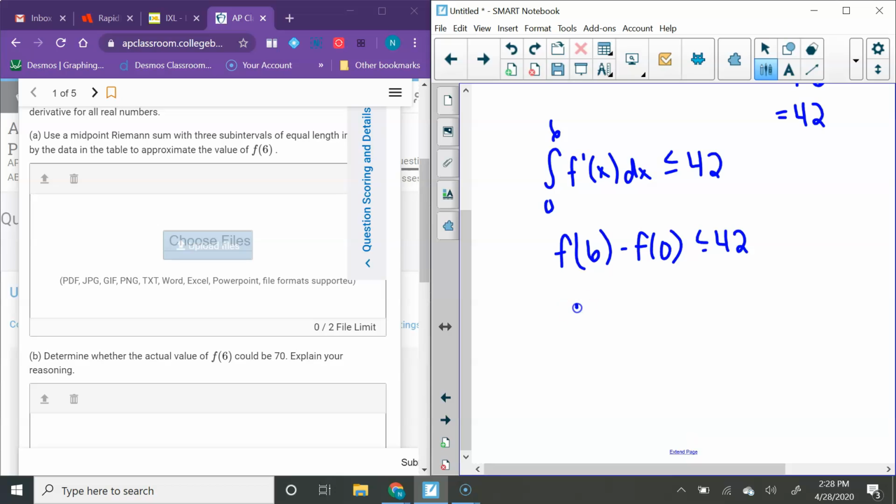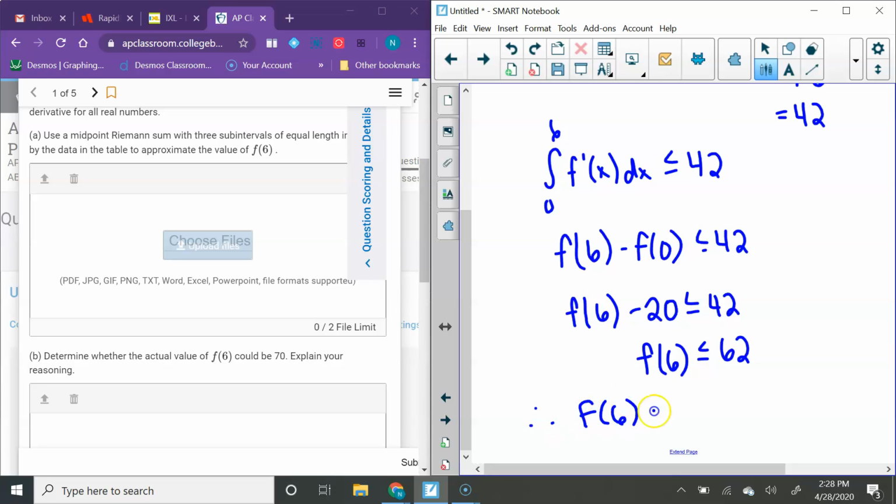That's 20. So f of 6 minus 20 is less than or equal to 42. If you add that 20 over there, f of 6 is less than or equal to 62. Therefore, f of 6 does not equal 70. Okay, so that's what you'll do for that problem.